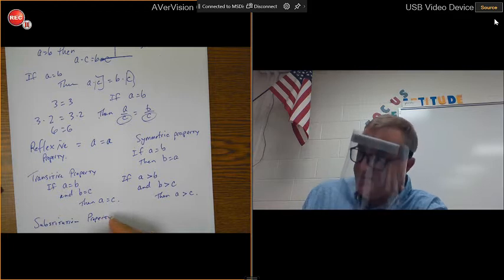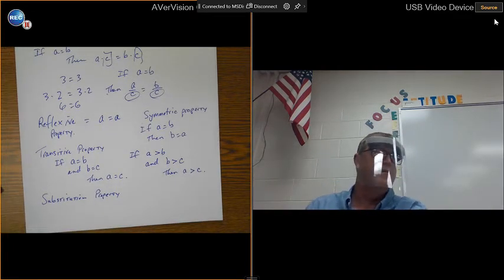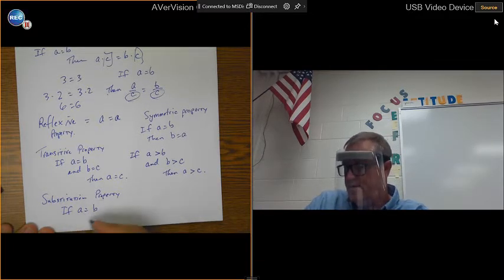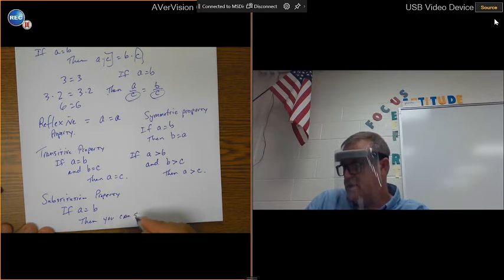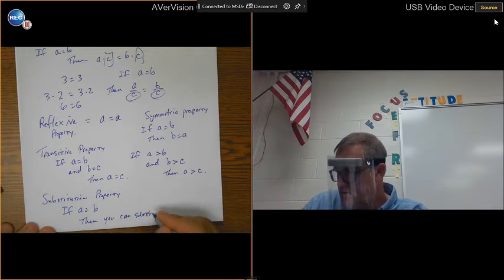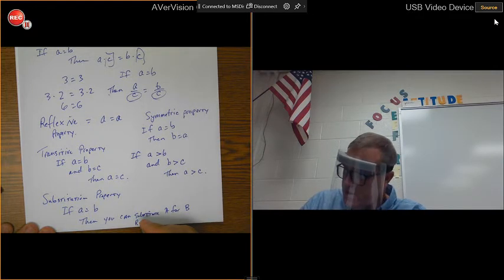Now, the substitution property is very similar to the transitive property. But if A equals B, then you can substitute A for B. I like to use the word replace.